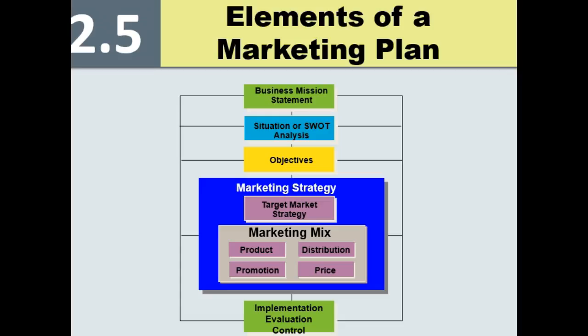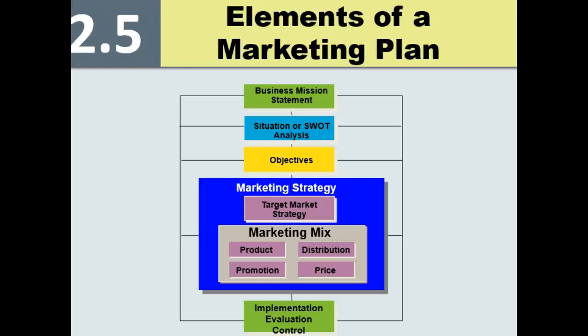And the main elements of the marketing plan, you have at the top the mission statement. Moving down, you go to your situation analysis, or your SWOT analysis, and SWOT stands for strengths, weaknesses, opportunities, and threats. Then you move down to your objectives.